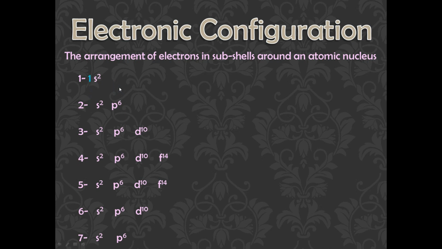Like with the subshell of the first shell I have written 1. With the subshell of the second shell I have written 2. And 2 I have written with the subshell P of the second shell, because both the subshells belong to the second shell.